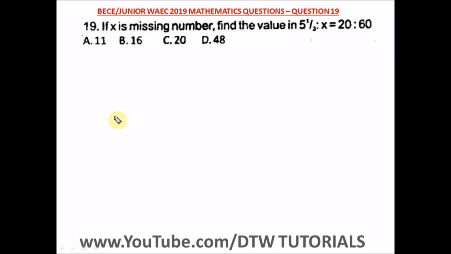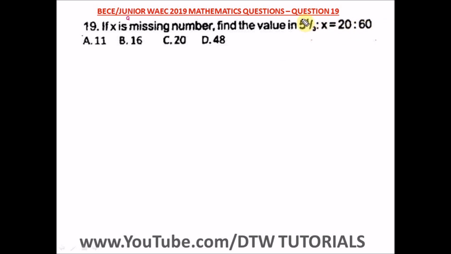Question 19 of the BECE Junior WAEC 2019 Mathematics Past Question. It says if x is a missing number, there's a typo here. If x is a missing number, find the value in 5 whole number 1/3 ratio x equal to 20/60.